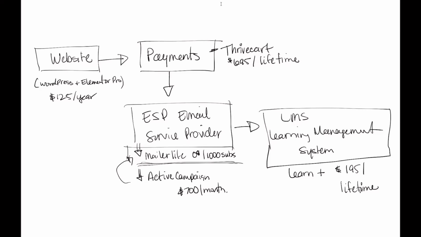So let's just do a basic $15 a month just to be sure, because I'm confident that you are going to create a lead magnet that people love and are going to start signing up for your email list. That's $180 for the year. So we said $125 plus $180.